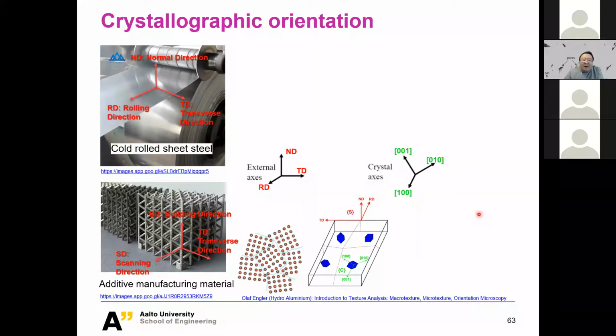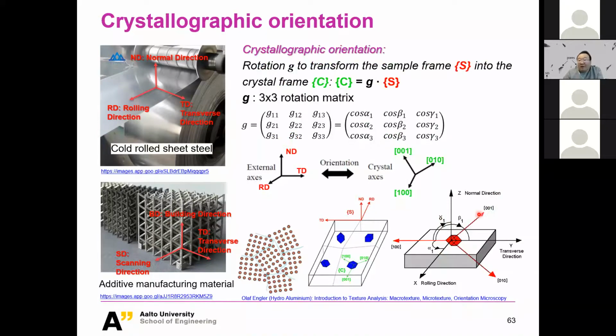Here I'm telling you a proper definition of crystallographic orientation. It is a very mathematical definition. You need a rotation matrix to rotate your crystal orientation, with crystal axes XYZ, or you call it 001, 100 and 010, to your sample coordinate.